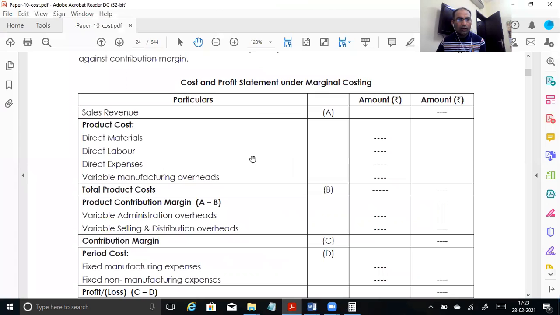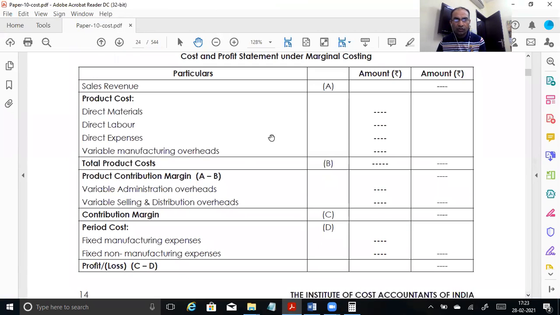Right? So let us go to our study material. As you can see, this is the format which I have explained to you just now. Sales revenue, then he has subtracted all the variable cost and got total product cost, that is only variable. Then he got contribution, A minus B, where A means sales and B means total variable cost.